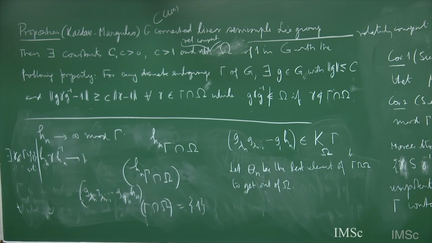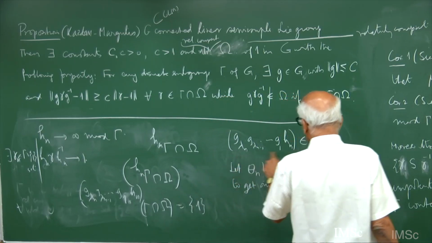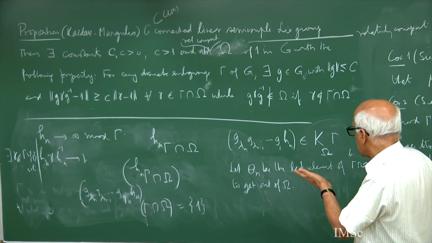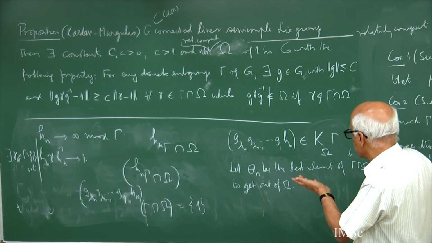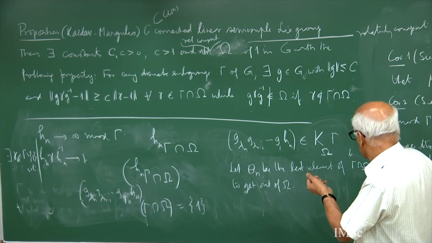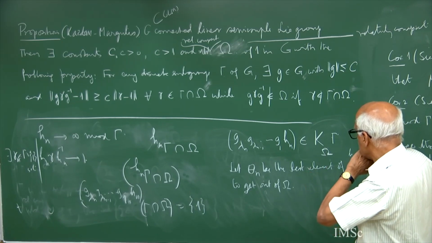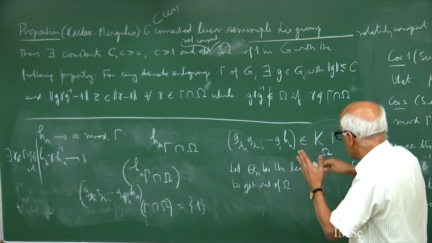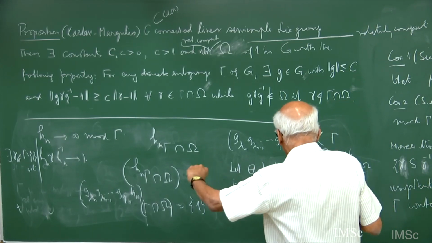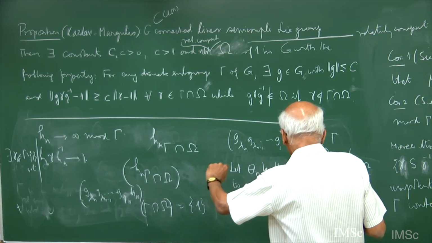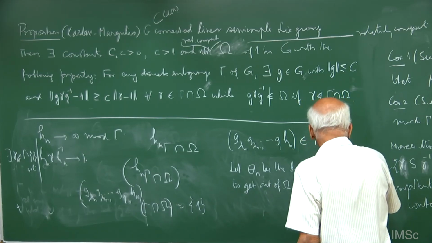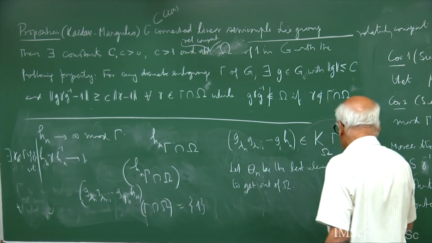Okay, so what happens? Let me put it like this. This is in k omega. Now that really means, hold on, this is in k omega. I pushed Hn, then dragged it out one by one. Let theta n be the last element of Hn gamma intersection omega, the last element to get out.